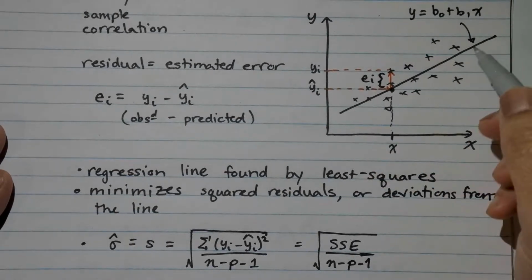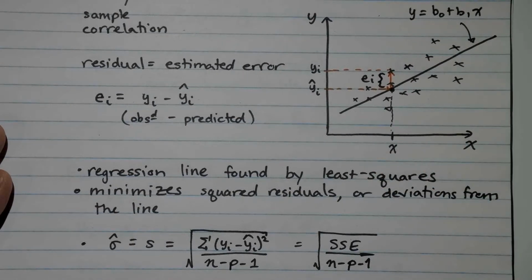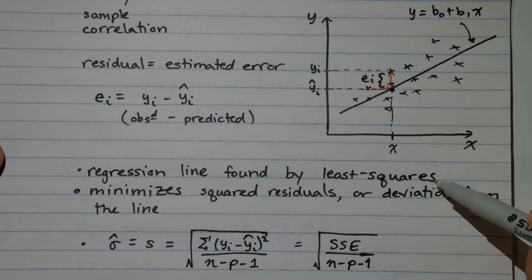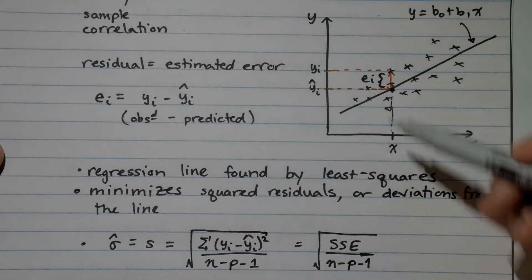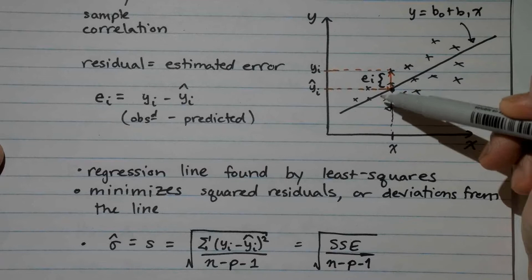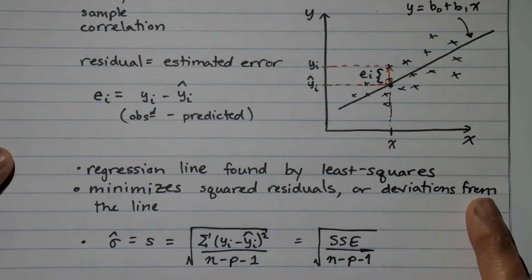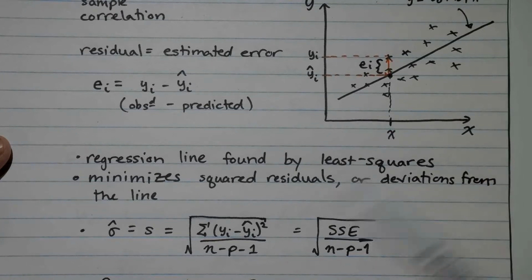This regression line is found by least squares. We don't go through the theory, but it's through this method we end up getting the formulas for b0 and for b1. By virtue of being a least squares regression line, we're minimizing these squared deviations from the line. And that also gives us a way to think about how to estimate the standard deviation associated with the errors.